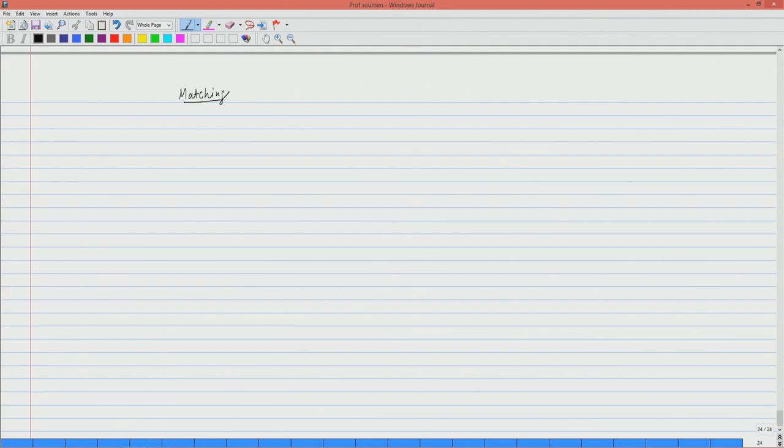Okay. So, informally speaking, a matching in a graph is a collection of disjoint edges, or independent edges, as we sometimes call them. Let me give the formal definition.